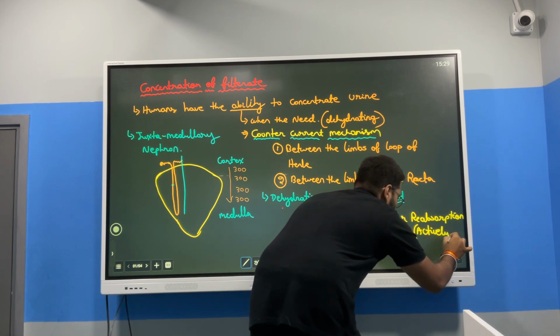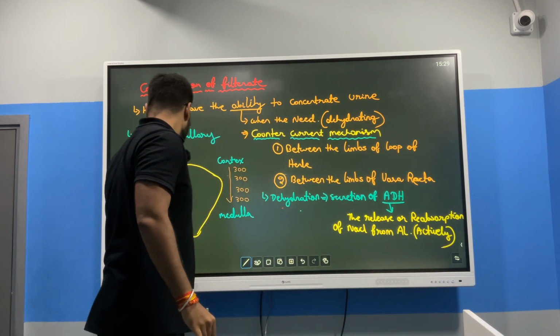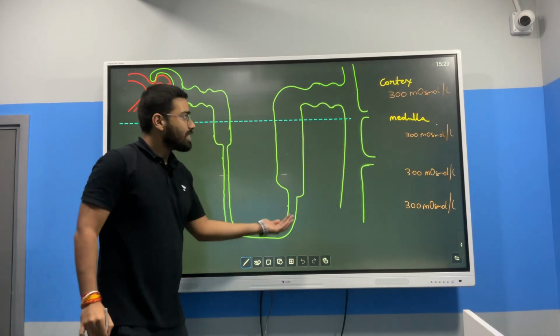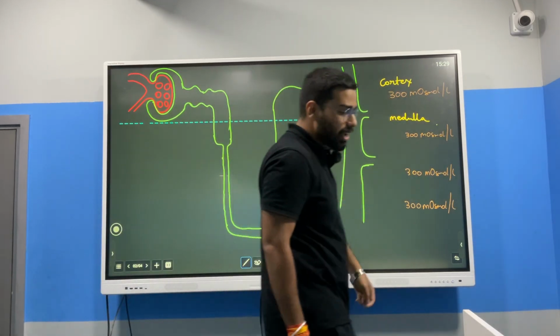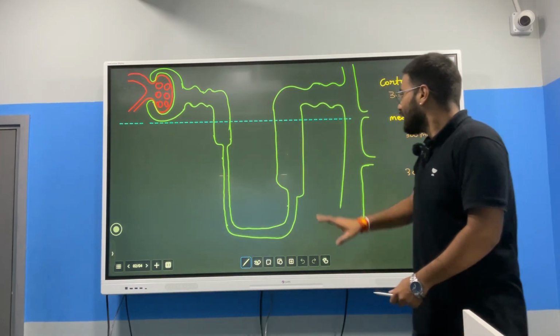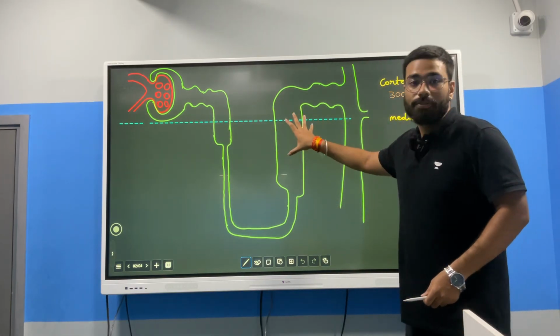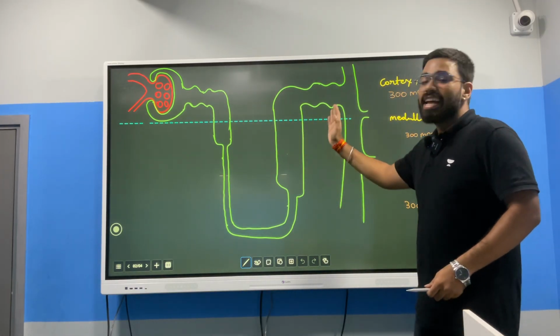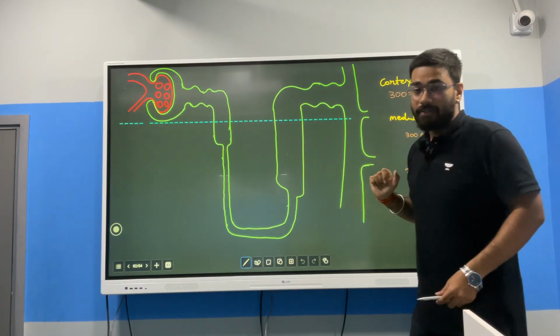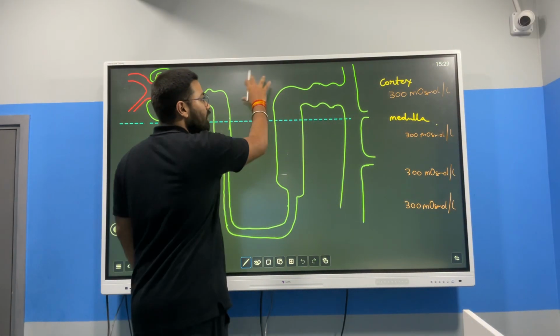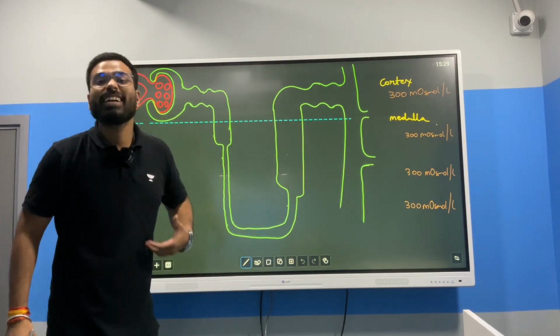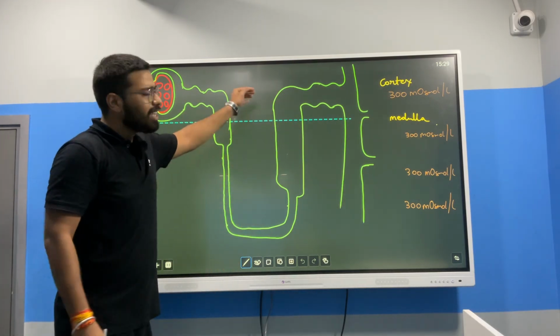So if you remember, guys, this ascending limb of the loop of Henle, what did I say? It has specific parts which are permeable for electrolytes. So when there is dehydration in the body, ADH comes.